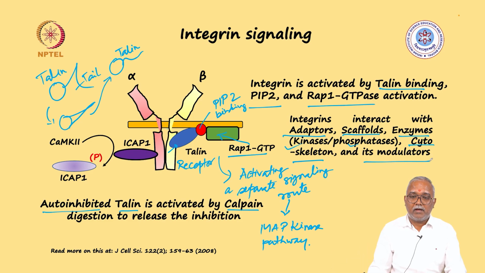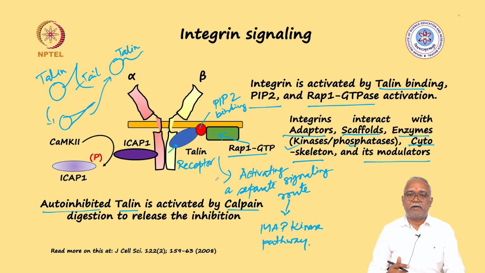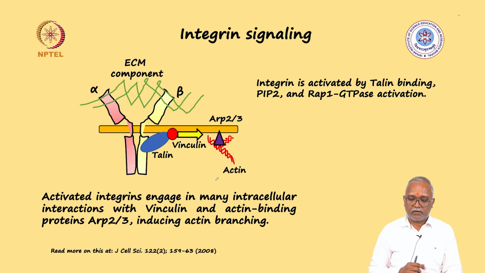For example, in the last slide which we saw, filamin, this is a cytoskeletal binding protein, particularly an actin filament binding protein. So you will see how integrin signaling is impinging onto the actin microfilament, its nature, its branching, its dynamics and so on.